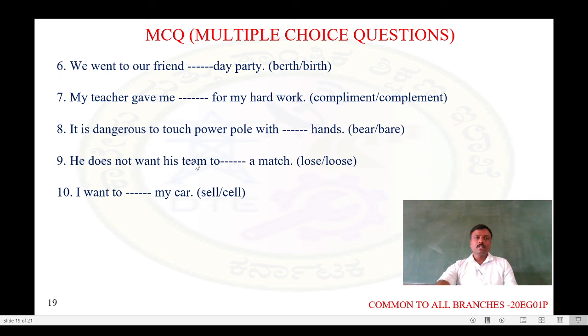He does not want his team to dash a match. Lose, loose. Here L-O-S-E, lose, is the applicable answer. I want to dash my car. S-E-L-L, sell, or C-E-L-L, cell. Here S-E-L-L, sell, is the right answer.